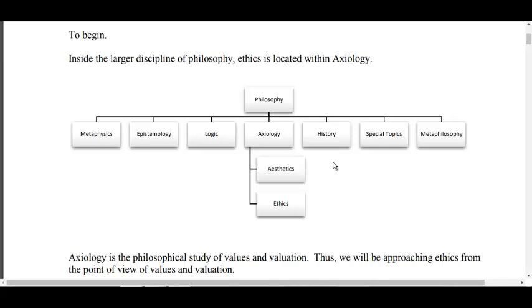A professional ethicist, someone who specializes in ethics, could very well try to teach a class like this one focused on trying to make people more or less moral, make them better people. That is not my focus.